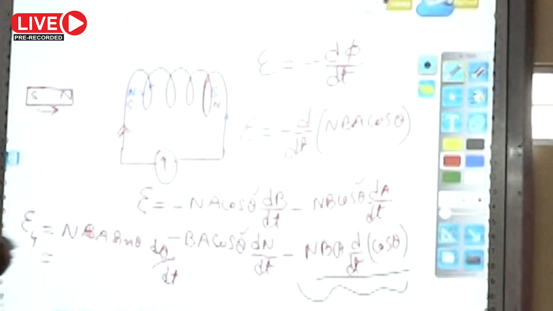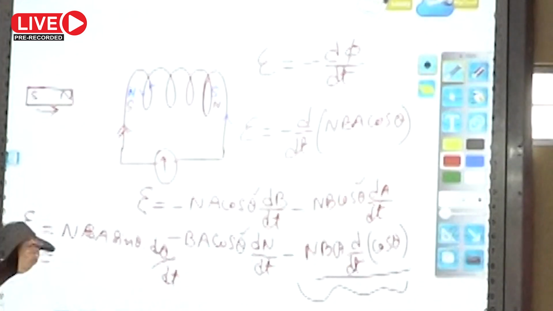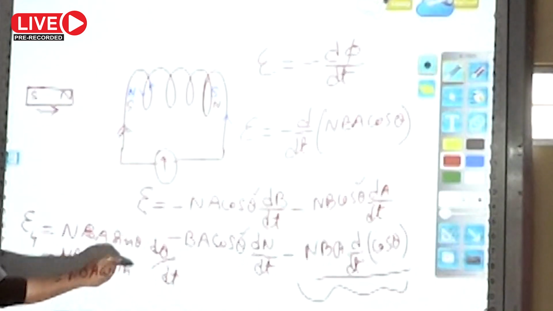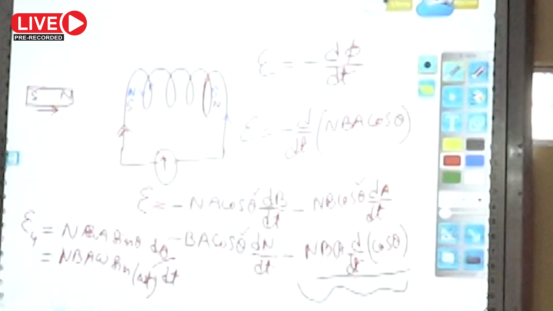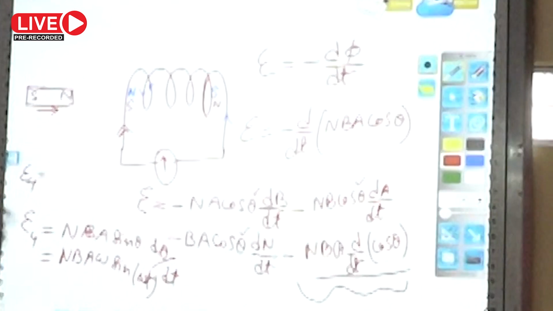Now d theta/dt is omega, so we can write this one as NBA omega into sin theta, and theta can be written as omega t. So what we get, this E4 equals NBA omega sin omega t.